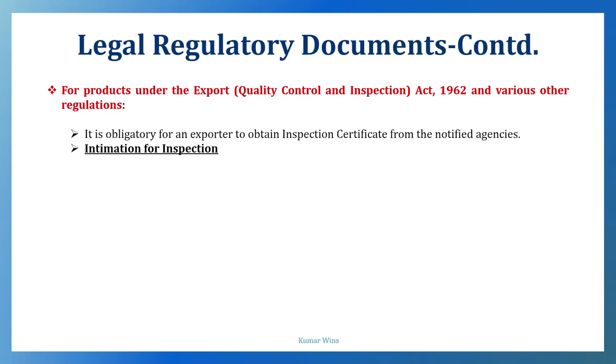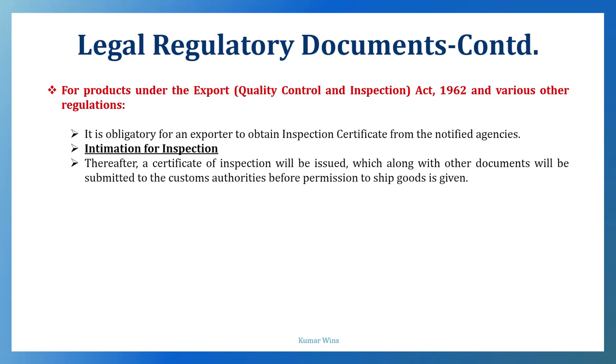This document has to be submitted along with other supporting documents like commercial invoice, technical specifications, etc. to an export inspection agency. Thereafter a certificate of inspection will be issued, which along with other documents will be submitted to the customs authorities before permission to ship goods is given.